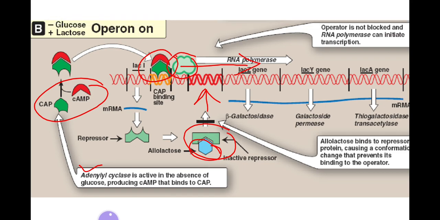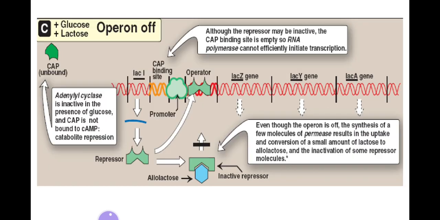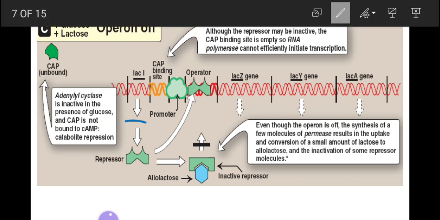Now what happens if both glucose and lactose are present? A small amount of lactose is converted into its isomer allolactose. So some of the repressor molecules are changed, and some of the repressor molecules will bind to the operator.